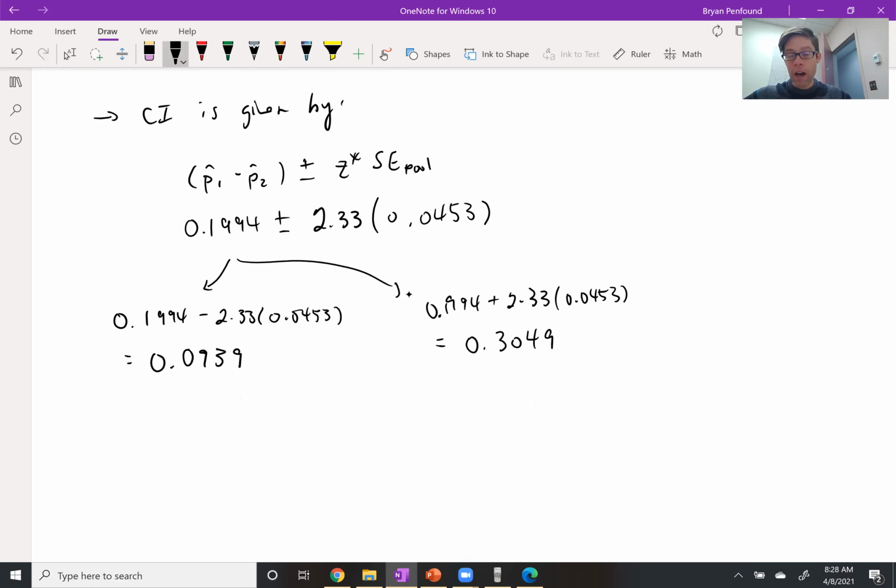Okay, so now that we have our range, we want to summarize and make our conclusions. So let's first summarize our interval. We know that 98% of the time, the true target difference of P1 minus P2 is going to land between these two bounds.